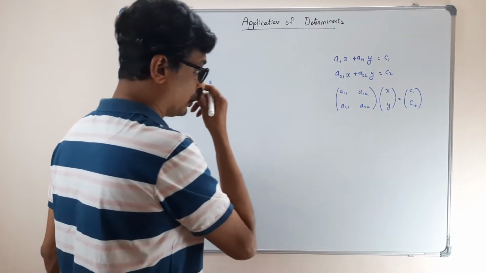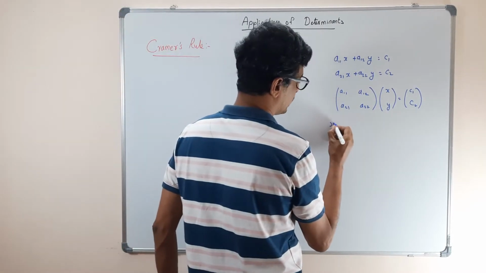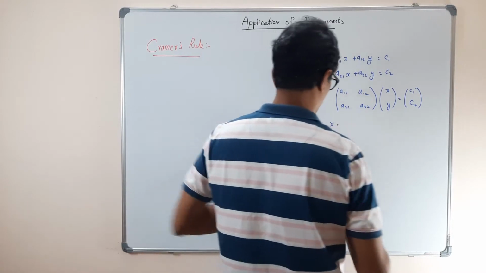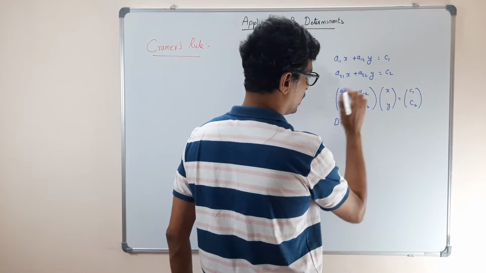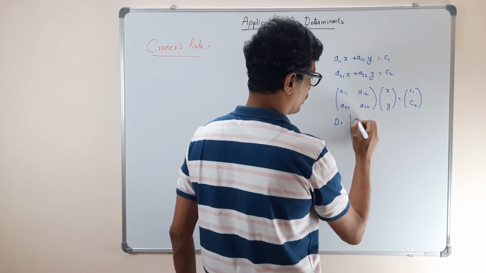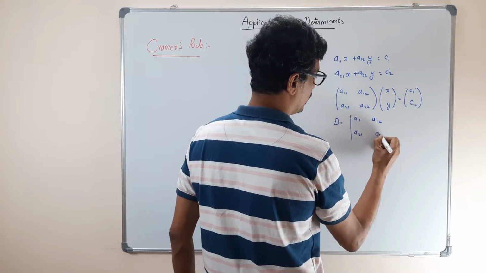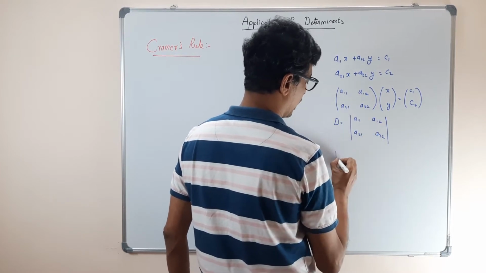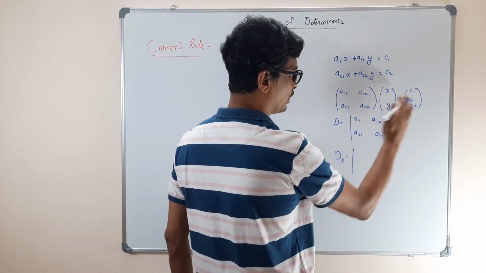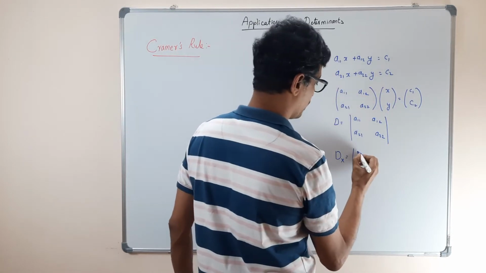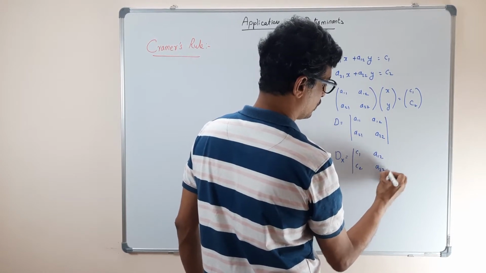So in Cramer's rule, what did we find? We defined three determinants. One is the determinant D, which is nothing but the determinant of this matrix: A11, A12, A21, A22. Then another determinant, Dx: replace the x column with this one, so it becomes C1, C2, A12, A22.